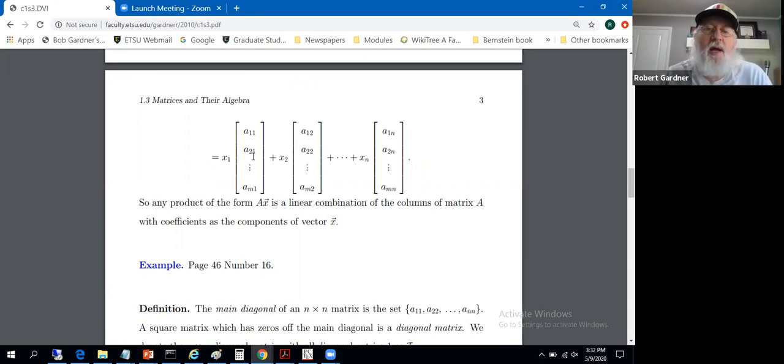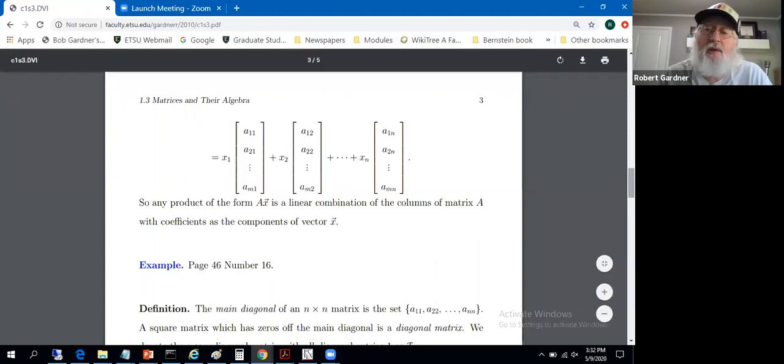This is a linear combination of the column vectors of matrix A. And the coefficients are the entries in vector X. In any product of the form matrix A times vector X, we get a linear combination of the columns of matrix A, the column vectors of matrix A, with coefficients as the components of vector X.